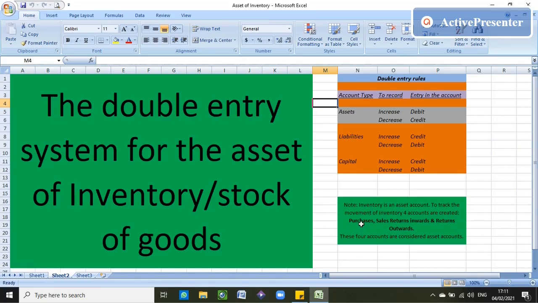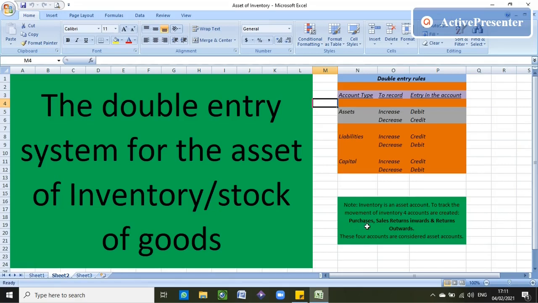Now, purchases, like the other 4 accounts that I have here, are considered asset accounts. So that means that they increase on the debit side and they decrease on the credit side. All of these accounts have that rule because they fall under the category of asset accounts.